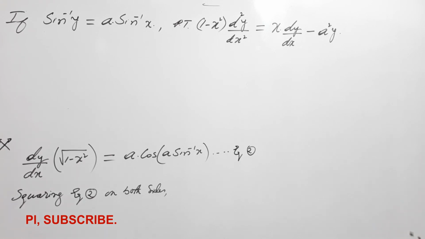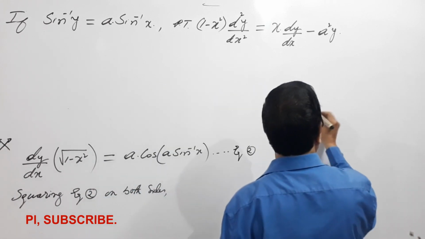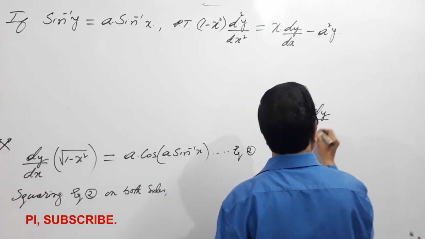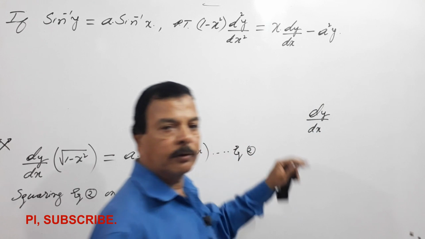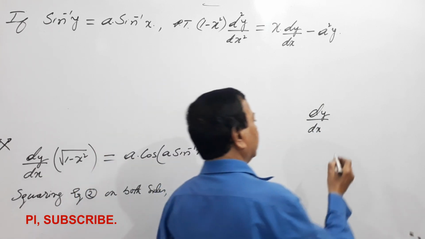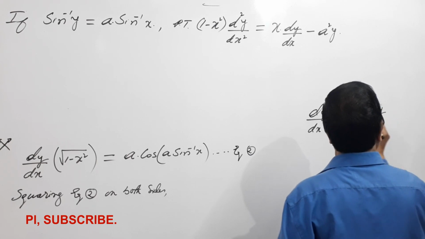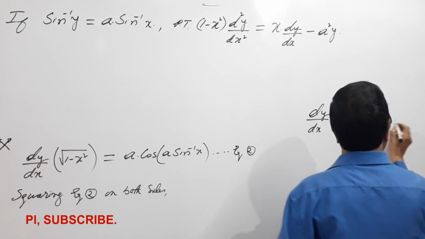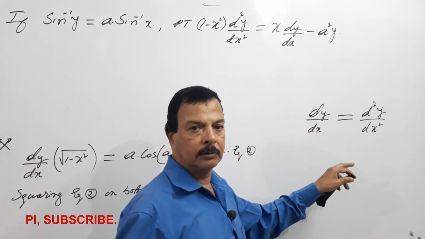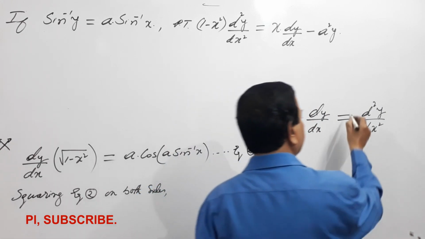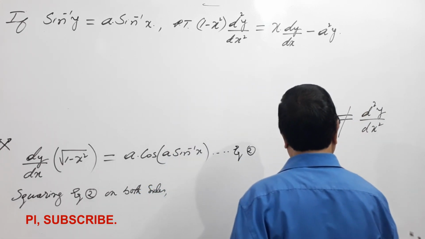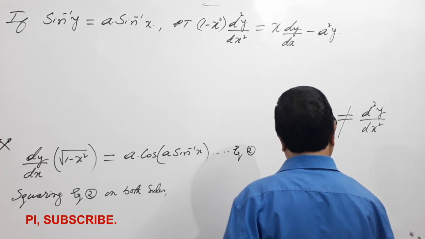What happens here? Dear students, if you have to square dy by dx, how do you square? Is it correct? No, this is wrong.